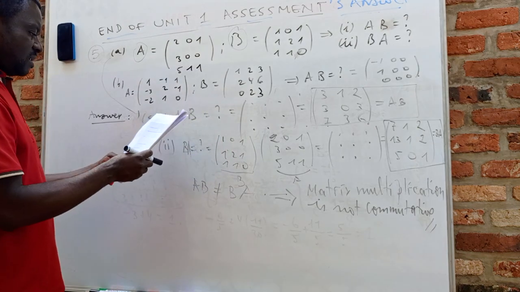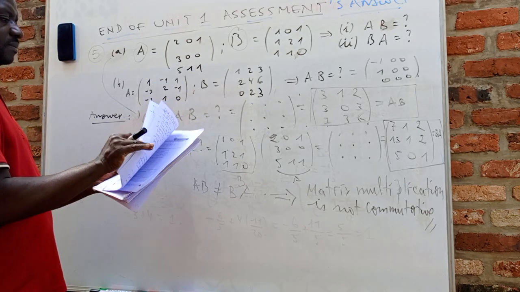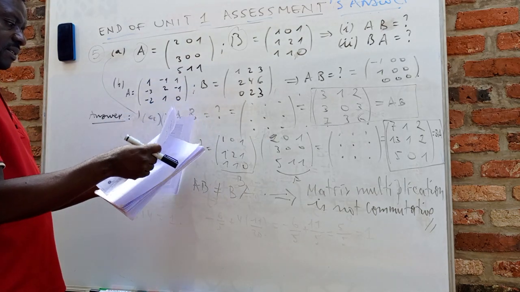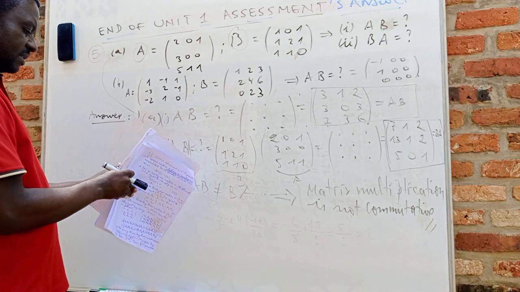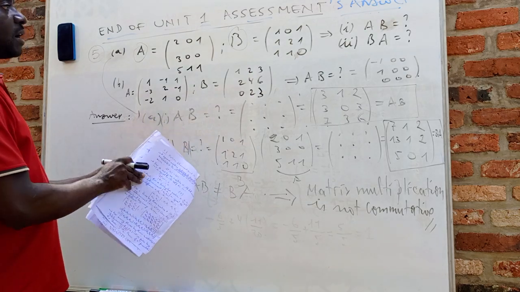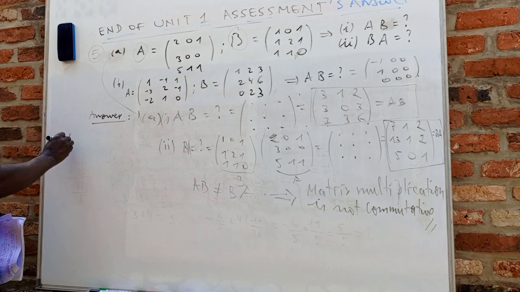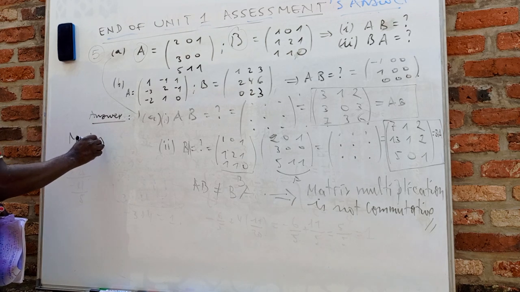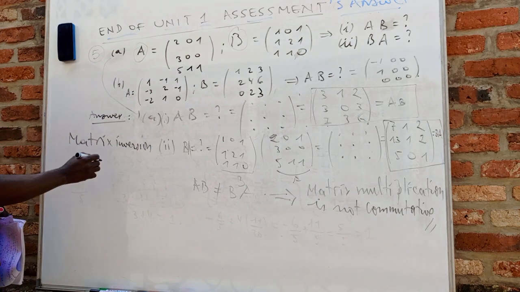Okay, in exercise number, let me check. It was about finding x. It was question number 4. We have a unary operation which is matrix inversion. It is not a binary operation.